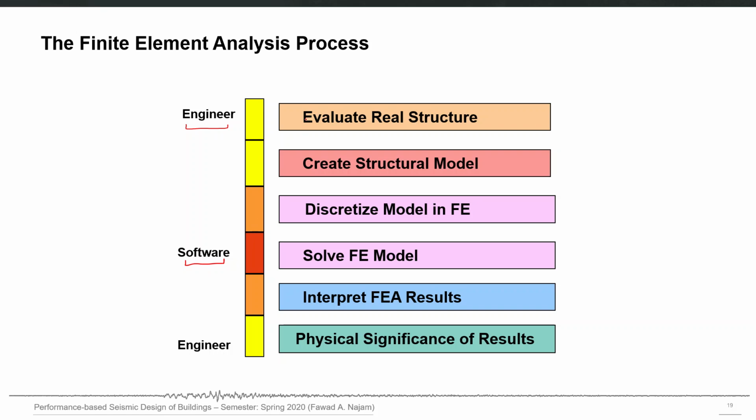So the first step is to evaluate the real structure and convert it into a structural model. So you have to idealize your real structure and you have to convert it into a structural model. Both of these tasks require to be done by the engineer. A finite element software will not help in these two tasks.